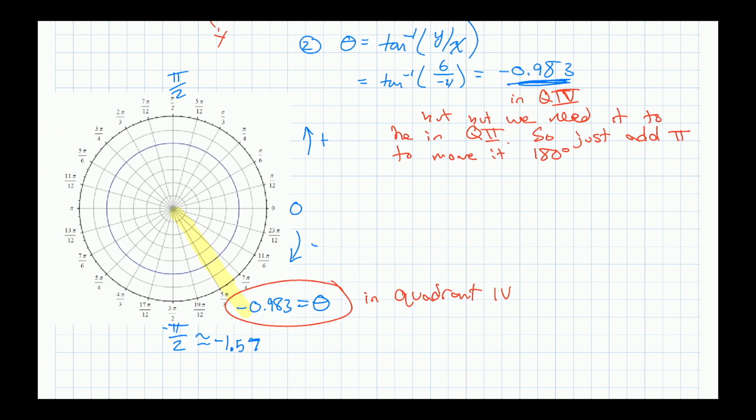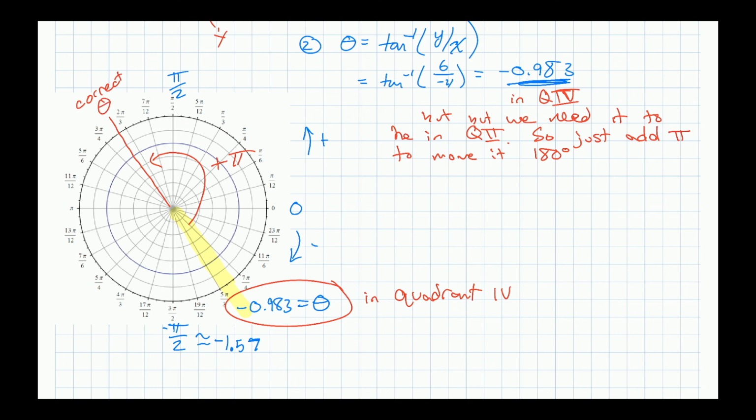So when we do that, it's going to go from here all the way around to here when you add pi. And that's how we're going to get the correct angle there. So it'll be around here. This is going to be the correct theta.